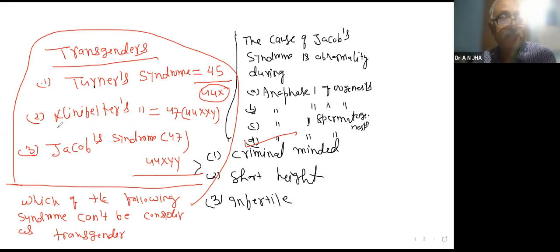You know that these 3 are transgender. In the options, I can give you Down syndrome or Patau syndrome or Edwards syndrome. So today we have discussed the problem due to chromosome number.